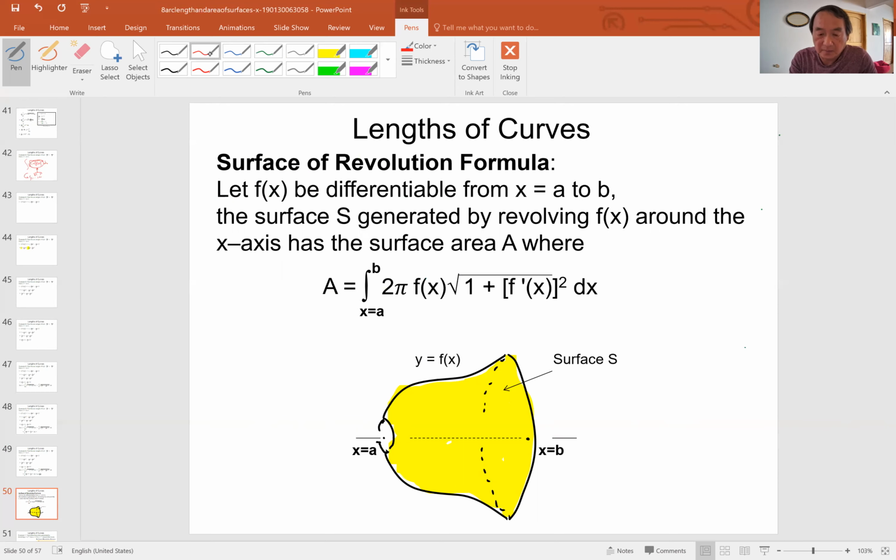Now let me explain where this formula came from.